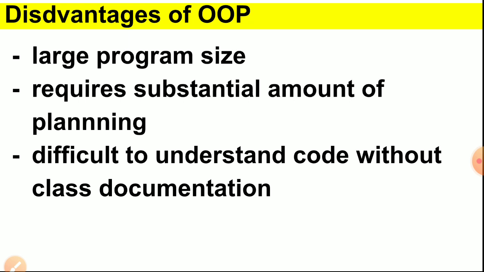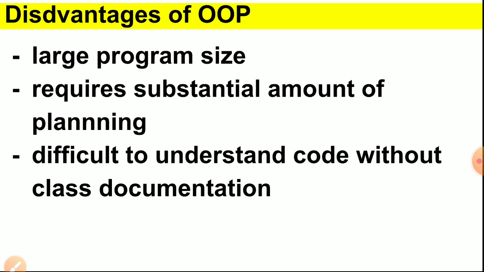So in object oriented programming, you'll be using lots of predefined classes, predefined objects. But you will not be able to figure out easily what is the code for those classes. For knowing the code you have to refer to the documentation, and that's a time taking process.